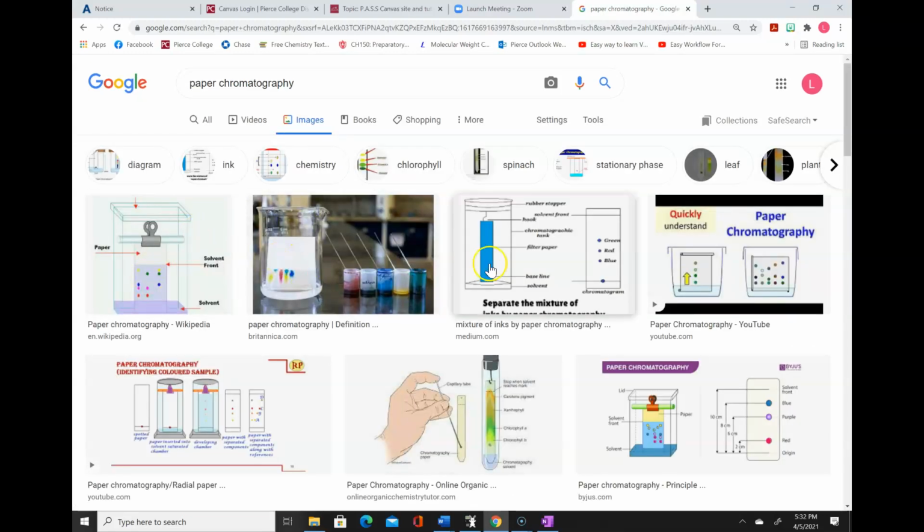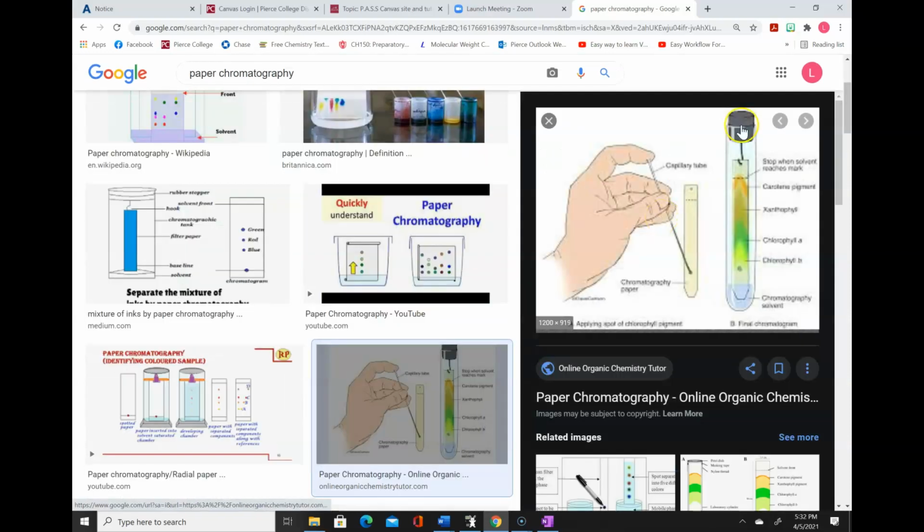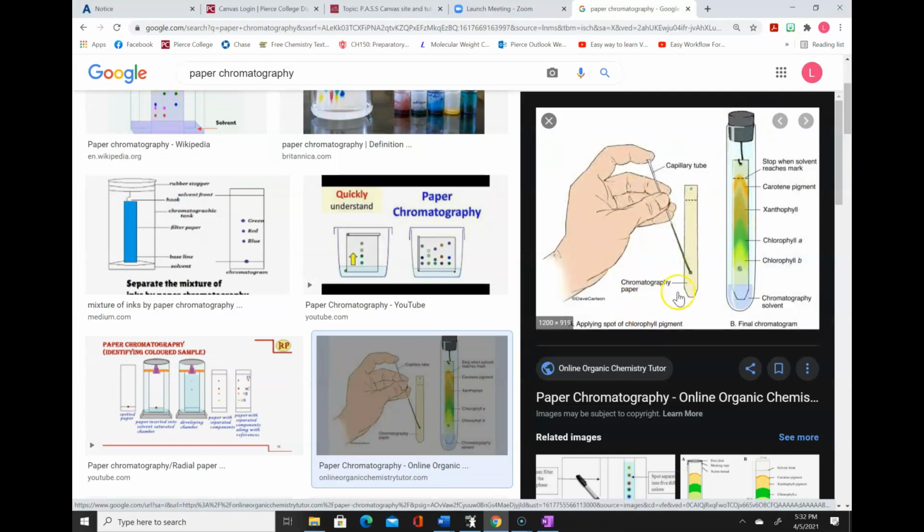And this is the classic one. What we've got here is you take a little bit of mashed up leaves, and then you dip it into some liquid, and the liquid rises up the paper, and all of the different colored compounds that are present in plants will separate out according to how they interact with the paper.